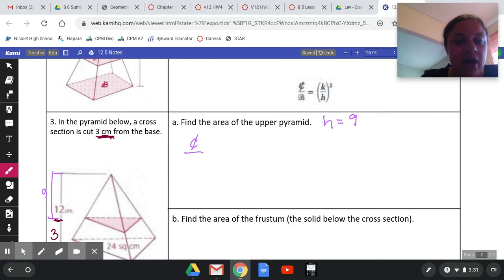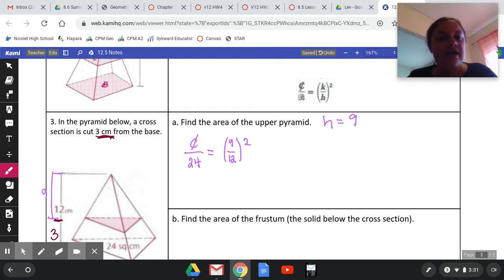That over the area of the base of the pyramid, 24, is equal to K, the height of that pyramid, which would be 9, over H, the overall height of the full pyramid, which would be 12. And I am going to square that.